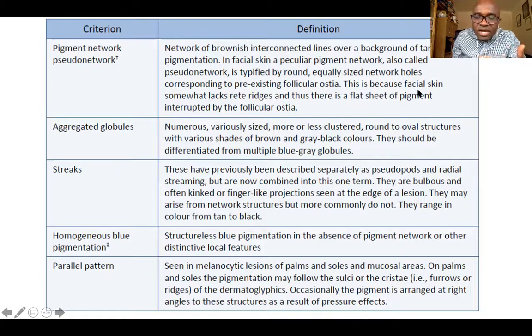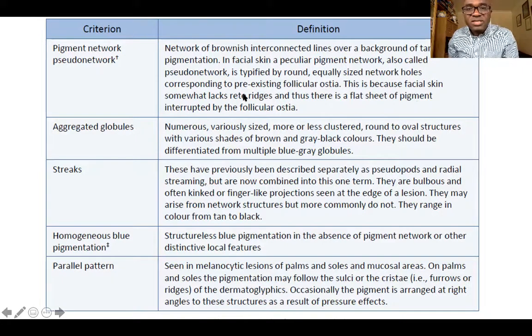The reason behind the facial changes is that the facial skin lacks the rete ridges, and so it's flat. They have this flat sheet of pigment, interrupted by the follicular ostia.